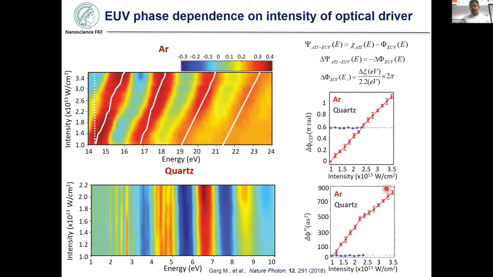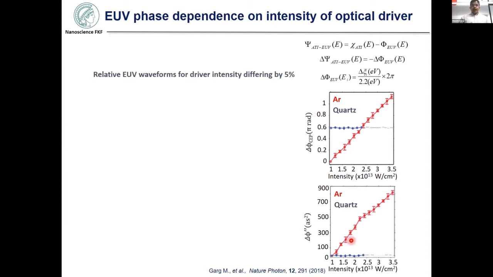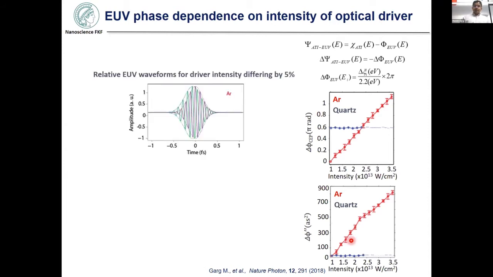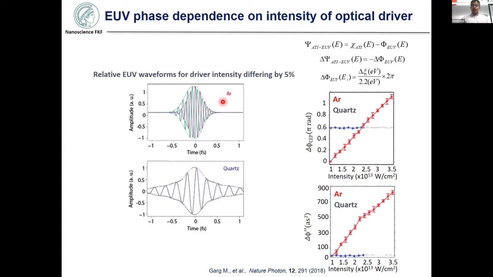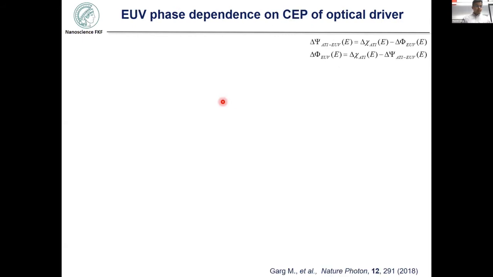So here also there is a huge variation of the GDD for argon, and in case of quartz, it remains more or less static. And now if you look into how this small variation of intensity affects the shape of the EUV pulse, by varying the intensity by only 5%, which is quite reasonable in experiments, you can change the waveform of the EUV pulse by quite a lot, and this remains almost static in case of quartz.